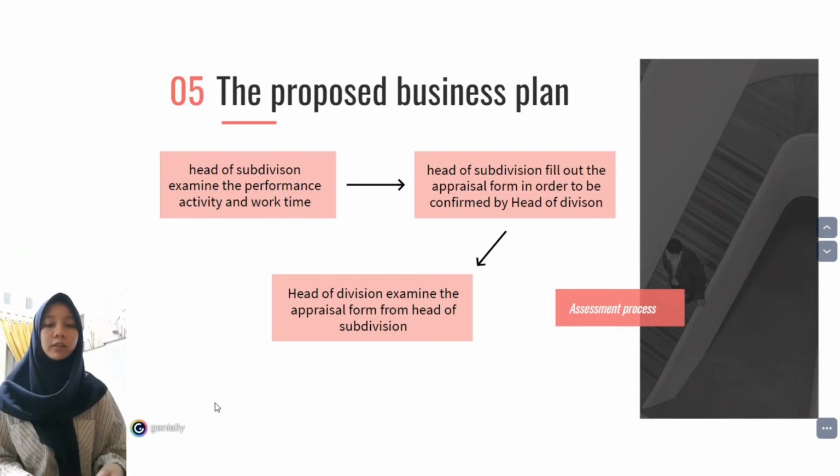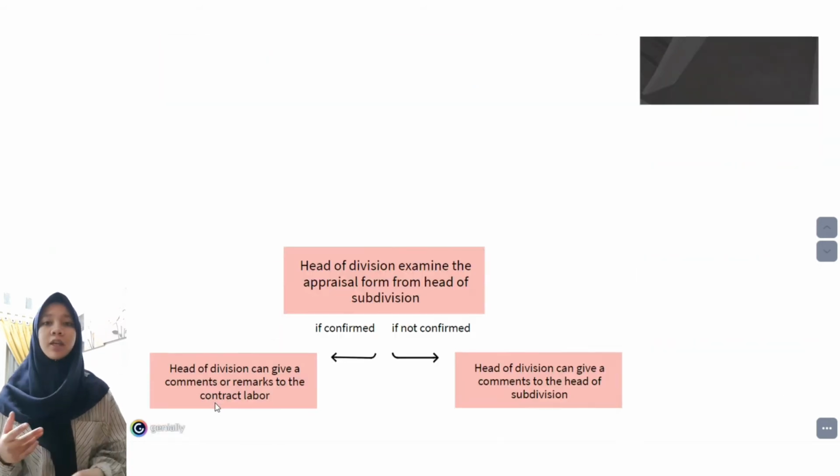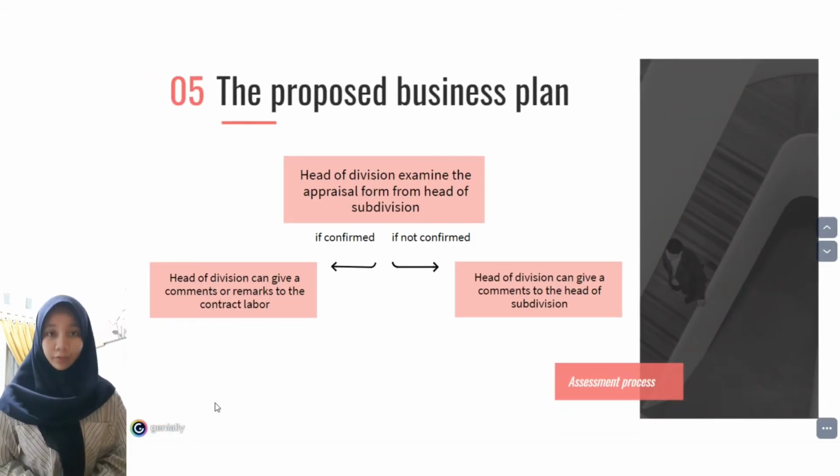The second activity is handled by the head of subdivision and the head of division. In this activity, the head of subdivision receives the form from the employees, and then examines the form. They fill out the appraisal form in order to be confirmed by the head of division.